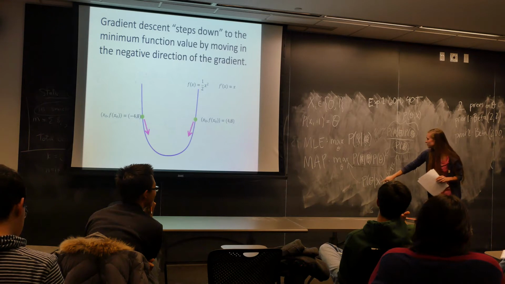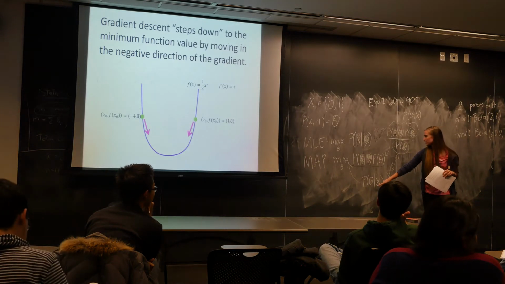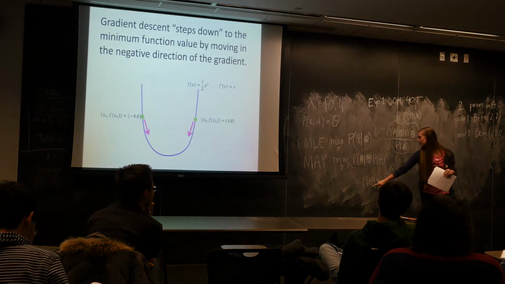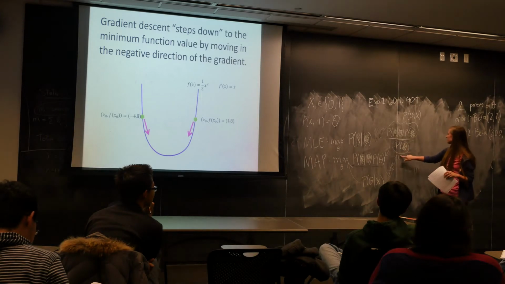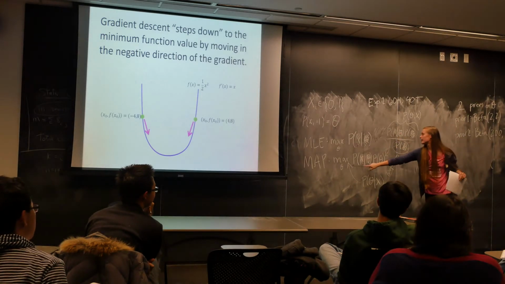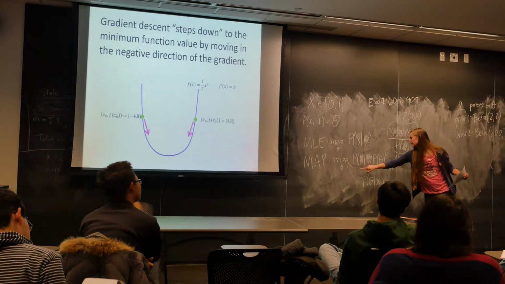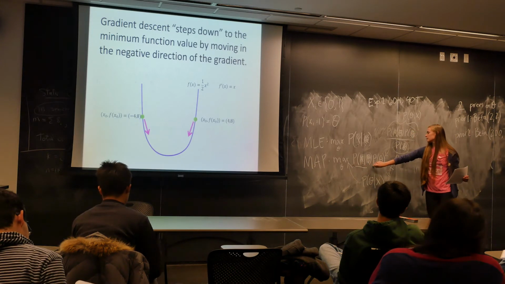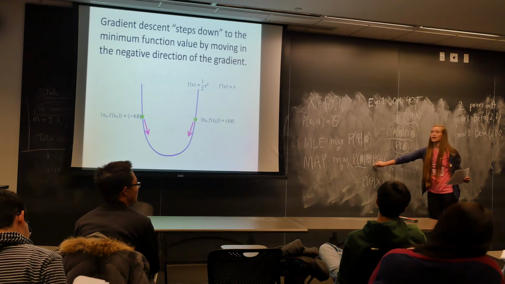So originally what you're trying to optimize in your MAP estimate is the probability of theta given x. You use Bayes' rule, and then it's proportional to your likelihood, the same thing from MLE, times your prior.